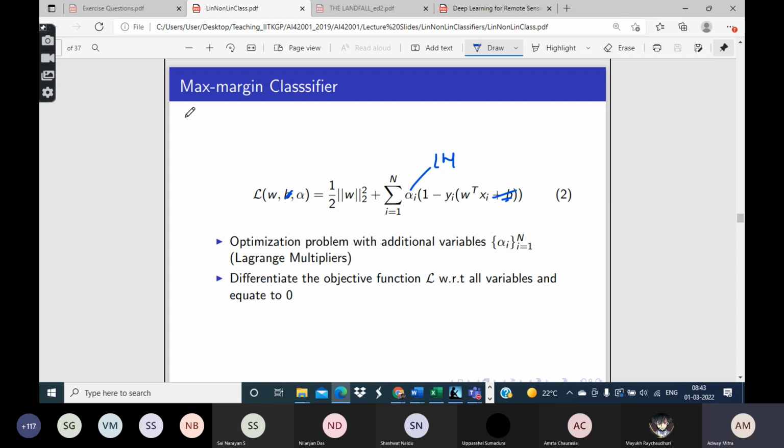So the general rule is as follows. X is a scalar, W is a vector. The result is going to be a vector which is like this.